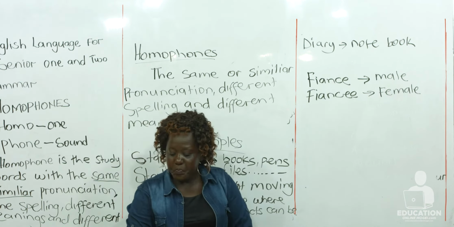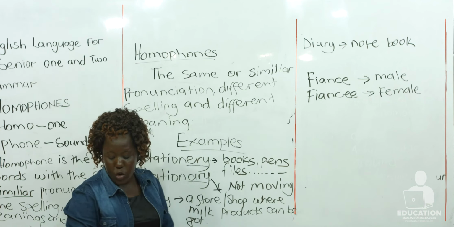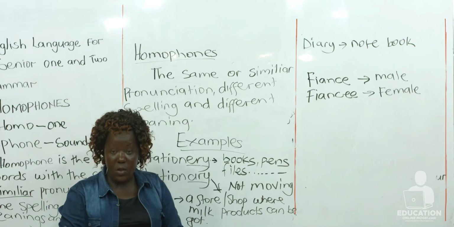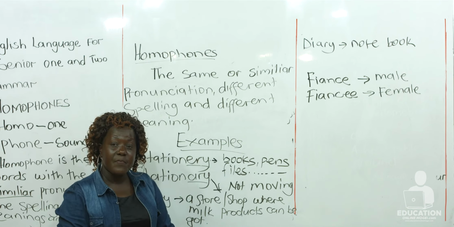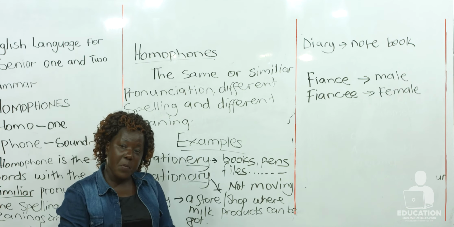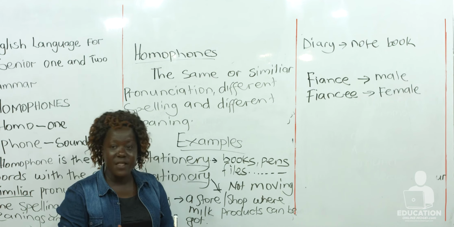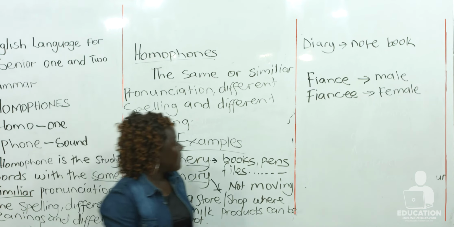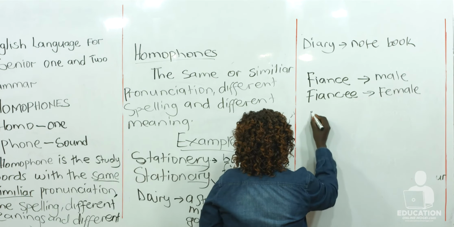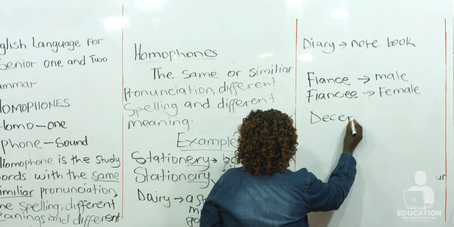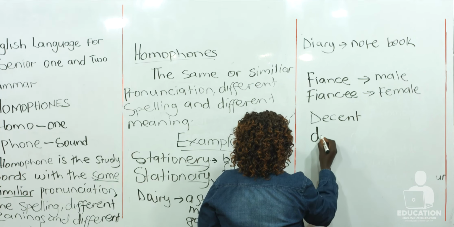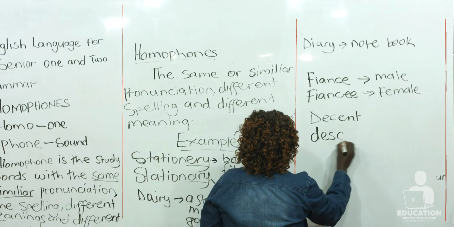Right. We can also go on to look at another pair of homophones, which are spelled differently, pronounced alike, but different meaning. Words like decent, and descent.